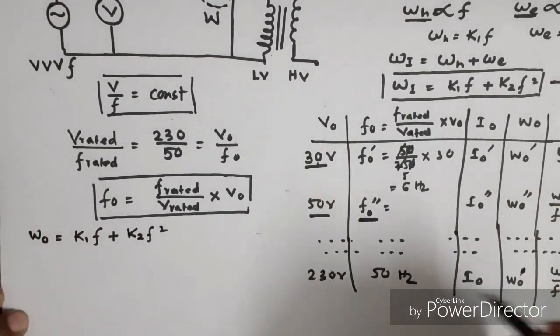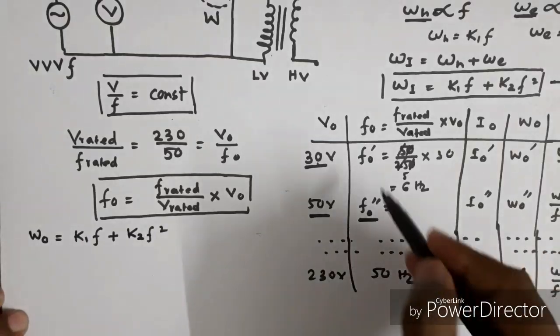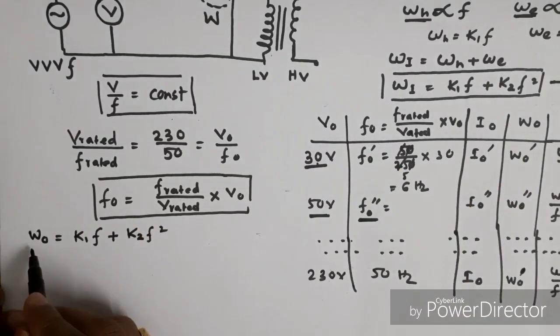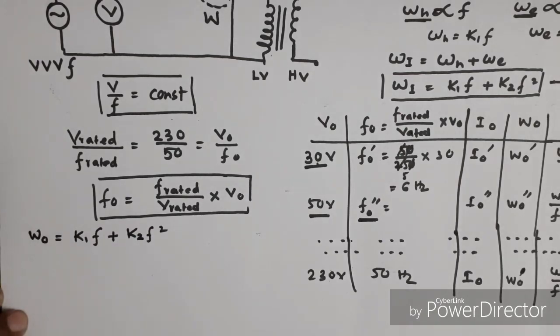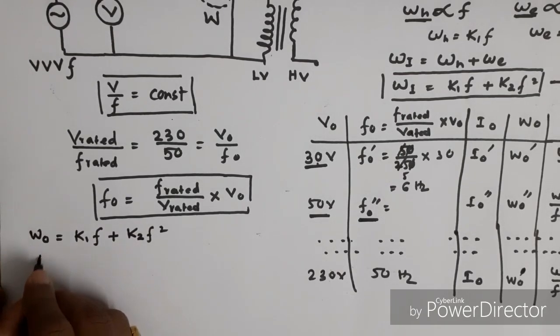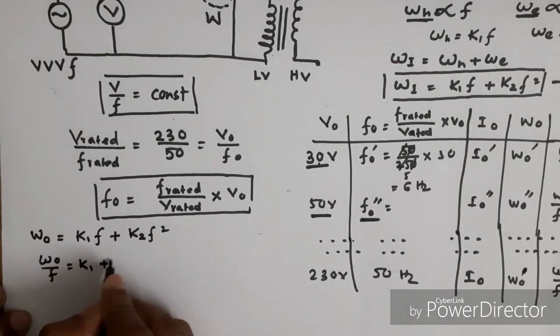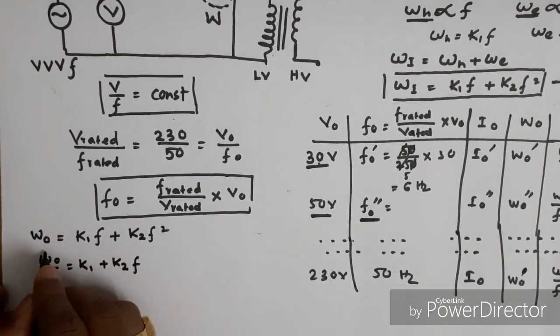Since in this test V by F is maintained constant, we can write this relation. From this, W0 by F will be K1 plus K2 into F.